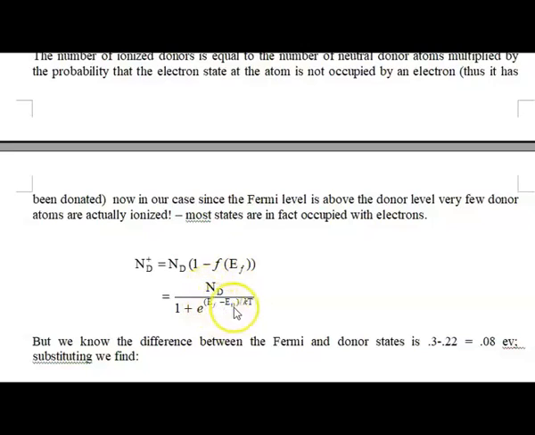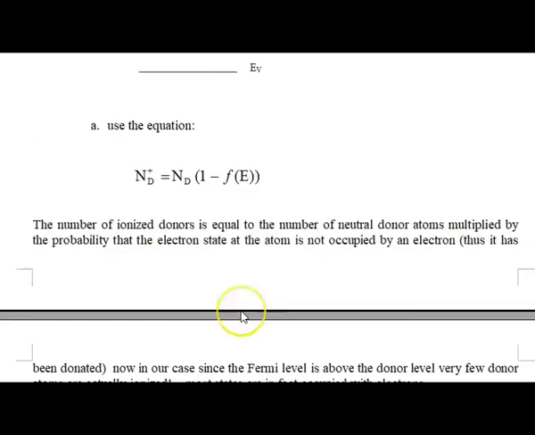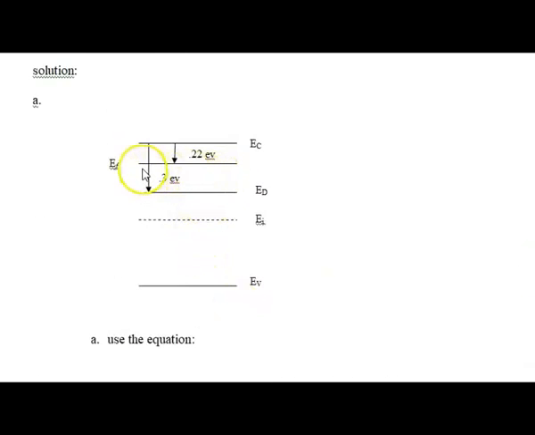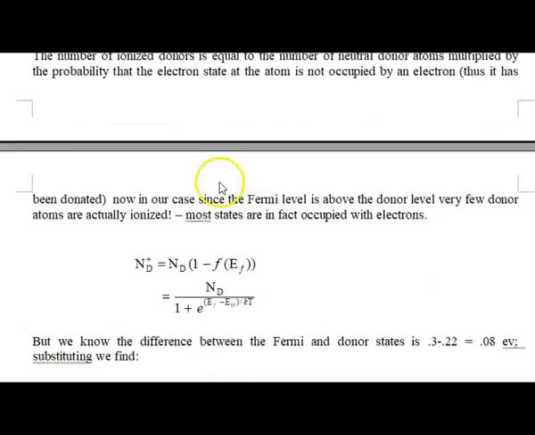Instead of ED minus EF, it's EF minus ED. Now we know EF minus ED. Where is it? This is EF, this is ED, this is definitely not drawn to scale. So this distance here from EF to ED is 0.08 eV, or 80 milli-electron-volts.